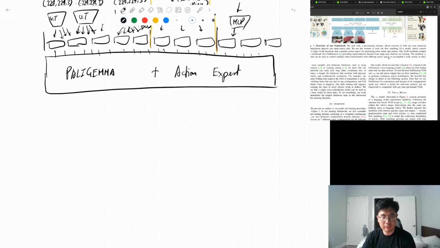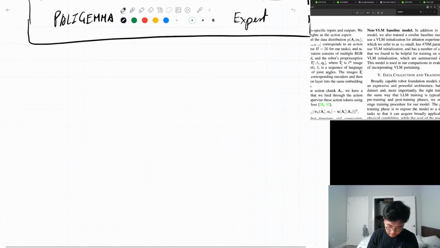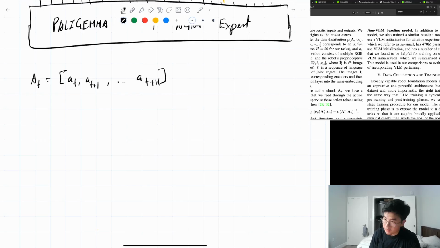Let's look over here for the notation. I'm going to write down all of this notation. So we have A_t = [a_t, a_{t+1}, ..., a_{t+H}]. When we have this A_t, remember this is at time step t, we're going to be predicting a chunk of actions. That's the first notation we need to look at.